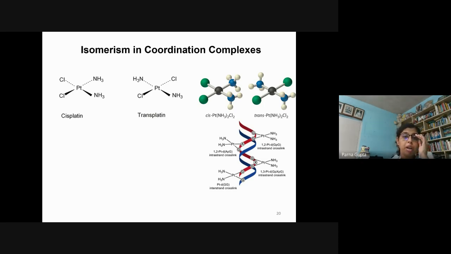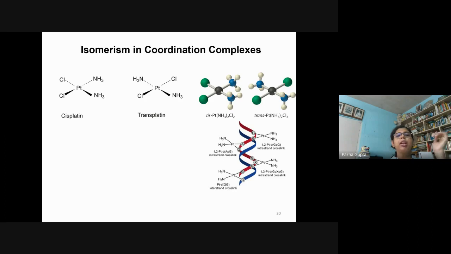If you remember cisplatin and transplatin, other than the position of ammonia or chlorine, in the trans position and the cis position, both compounds have a small difference, not in terms of the quality of the complex, but in terms of the activity of the compound.